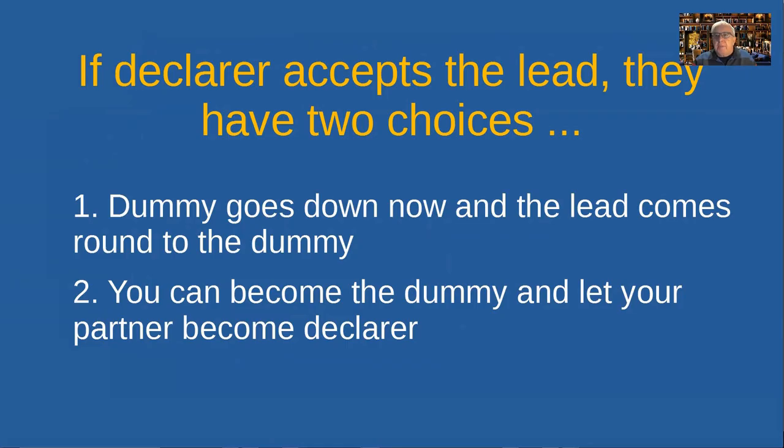If the declarer accepts the lead, the first is that the dummy goes down straight away and the lead comes round to the dummy. Or alternatively, you, the person who was North in this case, can become the dummy and let your partner become declarer. So we've got 2 possibilities there.